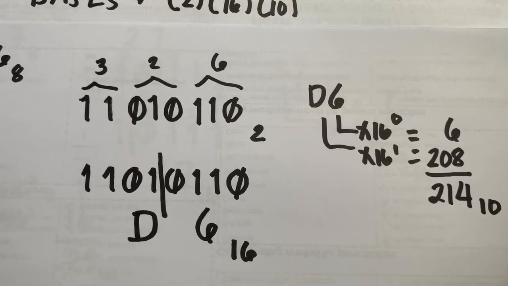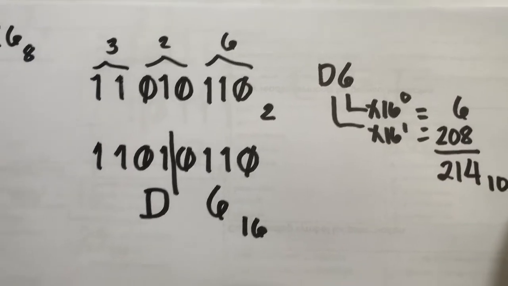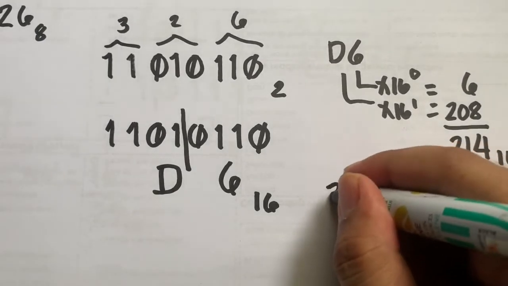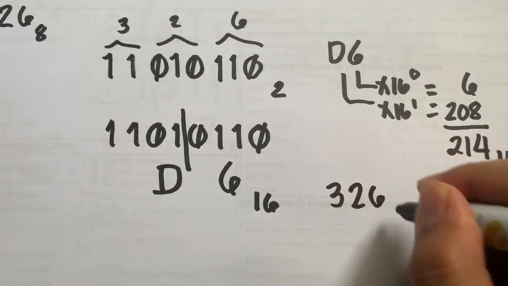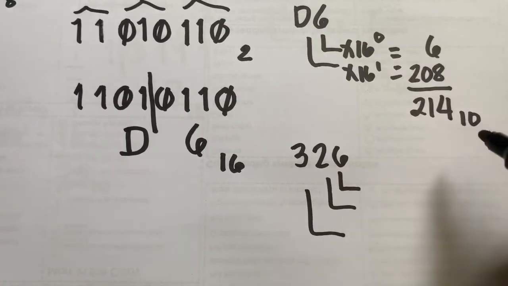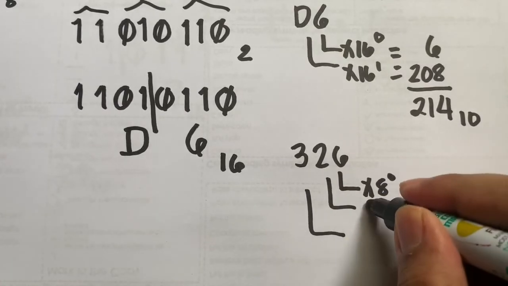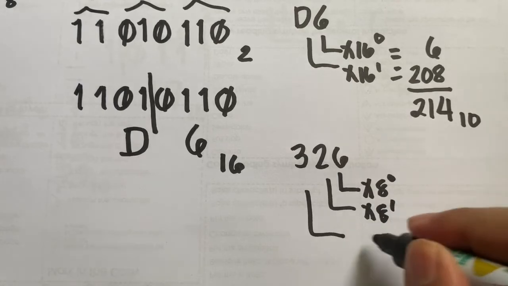That is if we use the hexadecimal equivalent. Now, if we use the given octal number, let us check if we will get the same decimal equivalent.